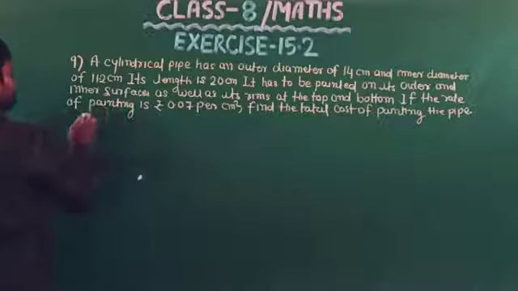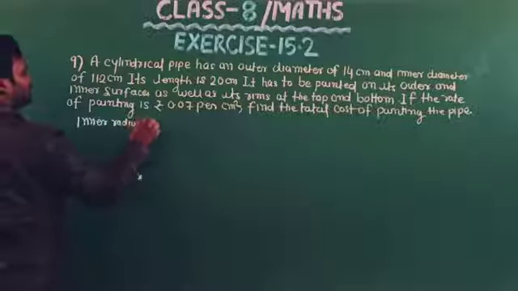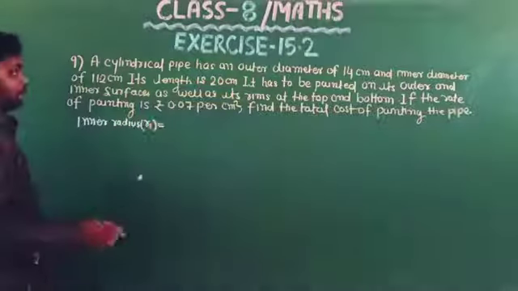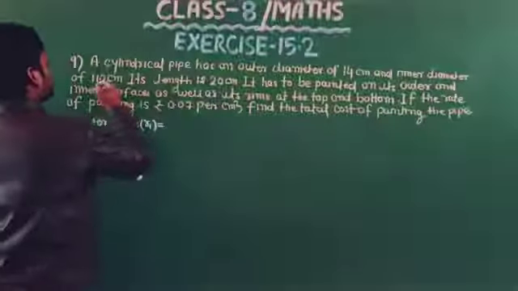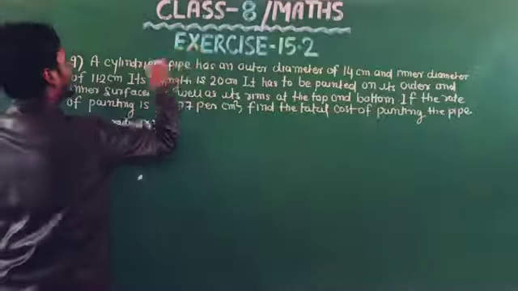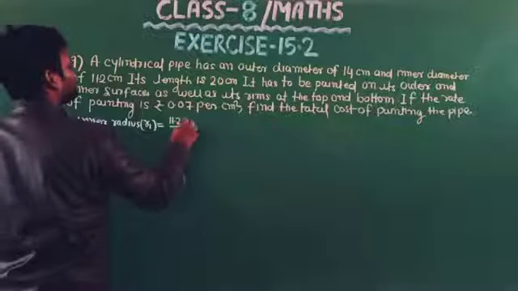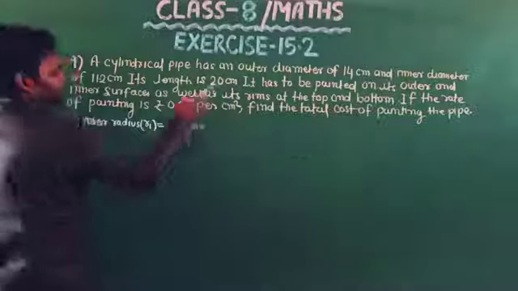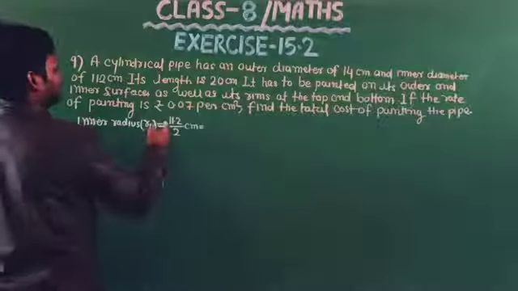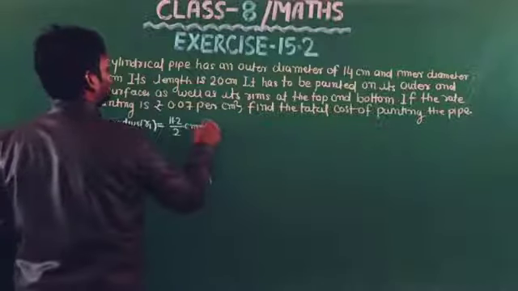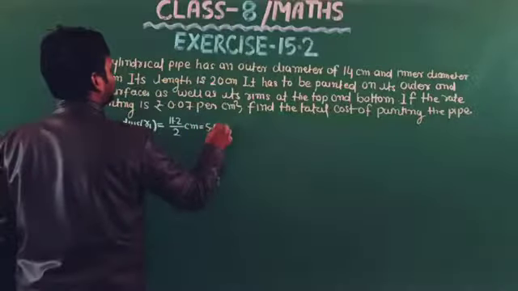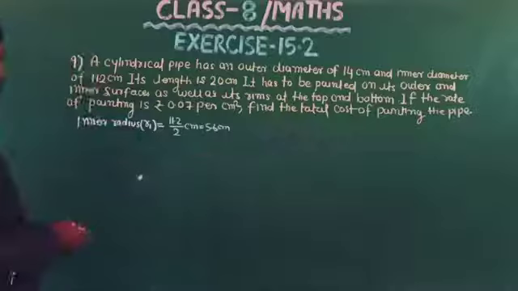Okay, so let the inner radius of the cylinder be R1, which is equal to 11.2 divided by 2 centimeter. Since the diameter is given, the radius becomes 11.2 by 2, which is 5.6 centimeter.